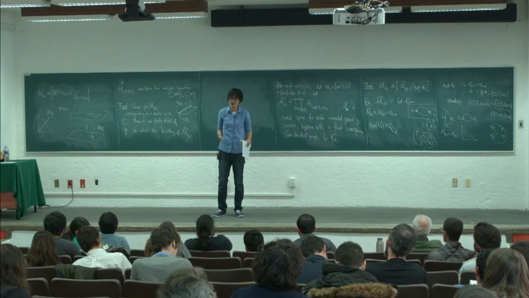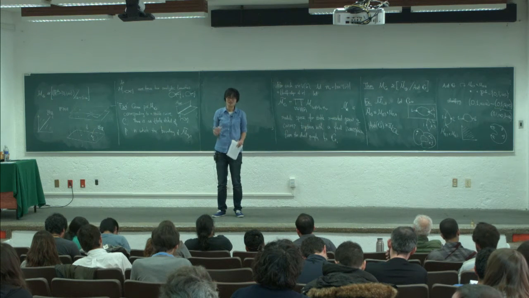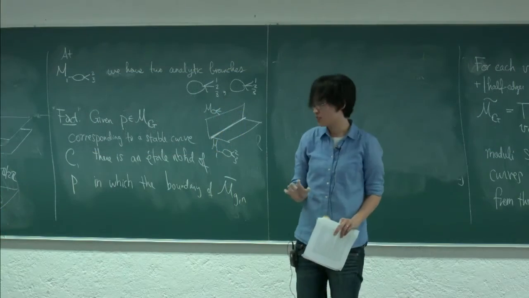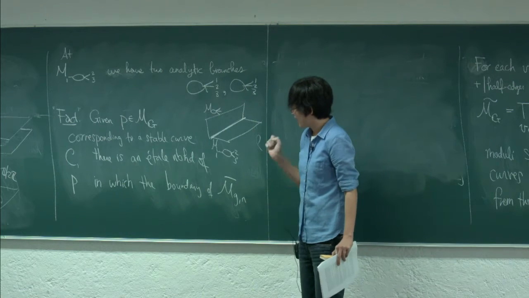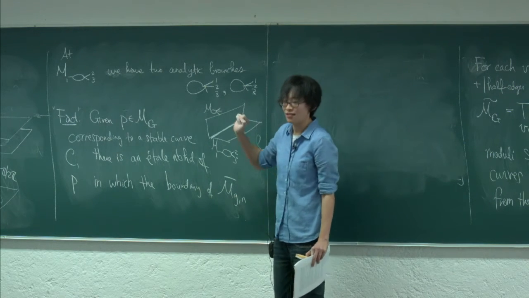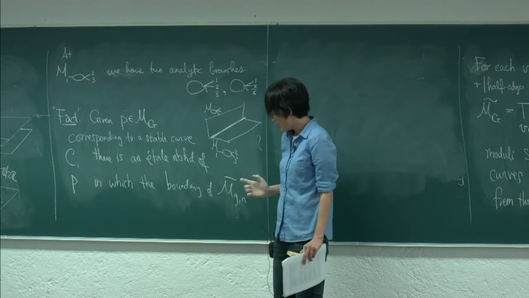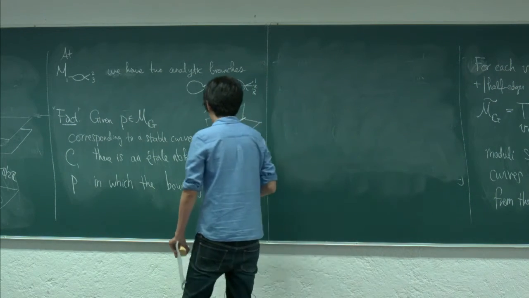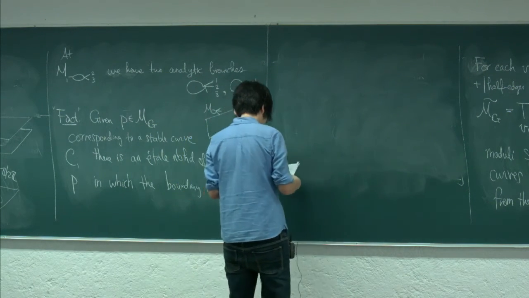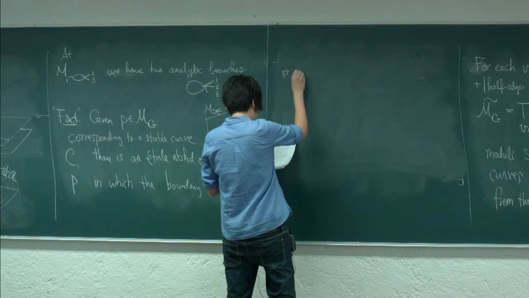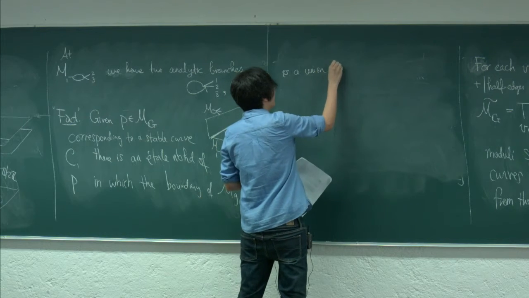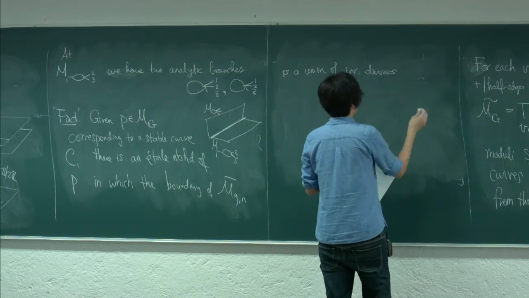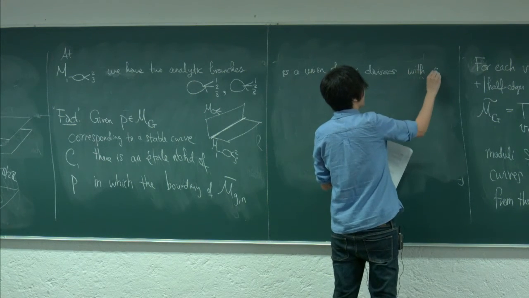Sorry, so I'm just trying to say to you right now that there's a very explicit way to understand the normal crossing structure of the boundary complex, of the boundary of M_{g,n} bar. And the normal crossing structure precisely comes from looking at all ways to contract all but one edge of your dual graph. In other words, you see for every edge in the dual graph a coordinate hyperplane in the boundary, in which the boundary of M_{g,n} bar is a union of irreducible divisors intersecting transversely, so with simple normal crossings.